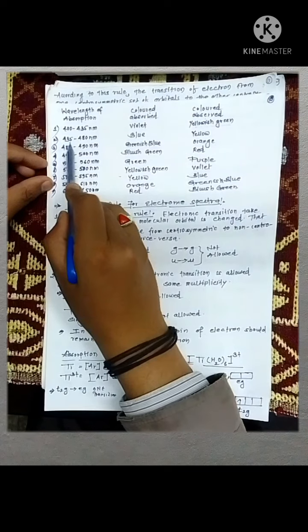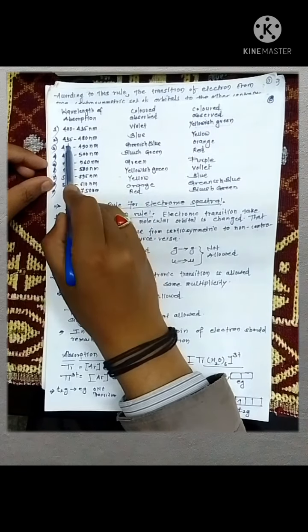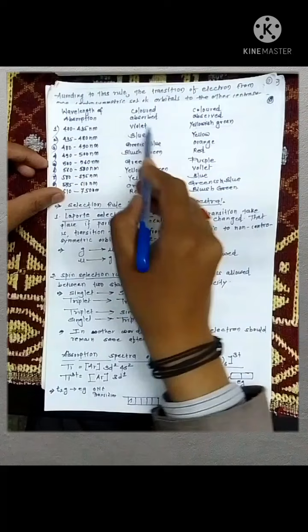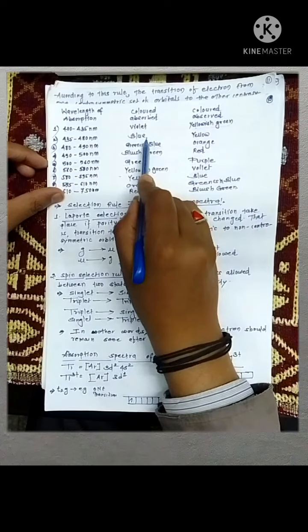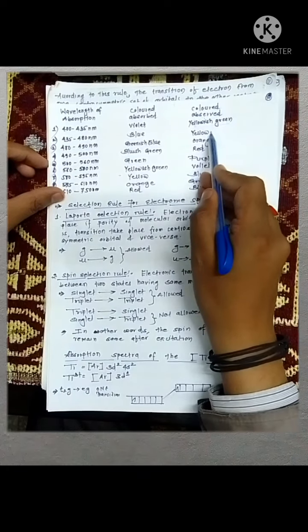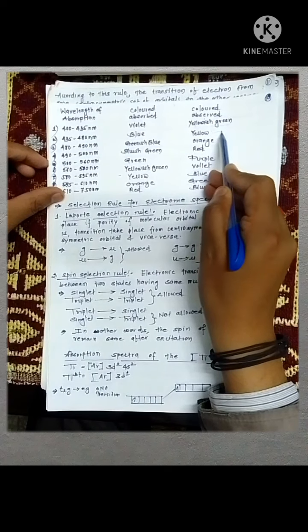For 435 to 480 nanometer, blue color is absorbed, but the complementary color, the color seen by the observer, is yellow.